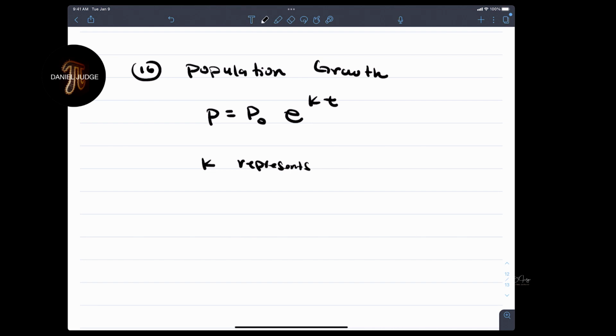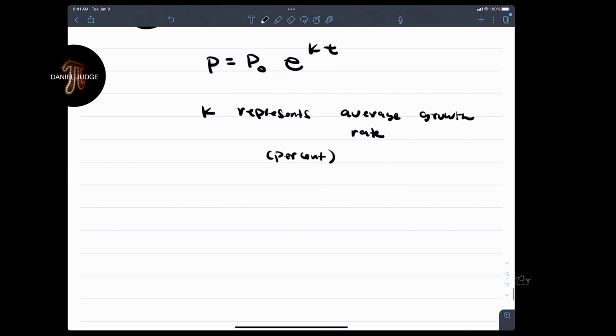It's the average growth rate, and that's going to be in the form of a percent. And of course, t still represents time. P naught is an initial population, starting population. And t is time in years. So I'll give you guys a few seconds to write this down.